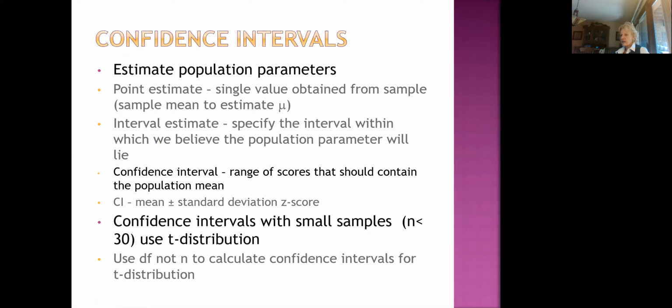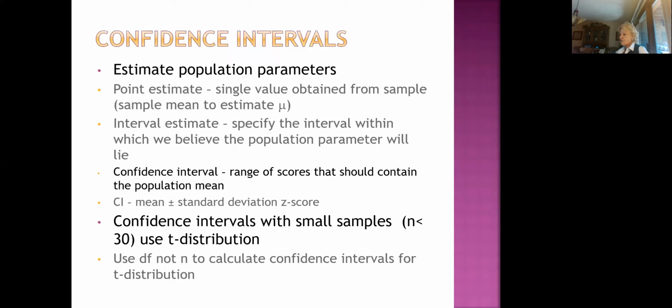Confidence intervals are another thing that are going to help you make meaning of the analysis that you're either conducting or from the studies that you're reading. And it's an estimate of the population parameters. So there's a point estimate, which is a single value obtained from a sample, and the sample mean to the estimate mean, or mu, is the estimated population mean.